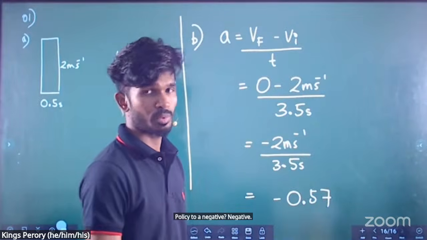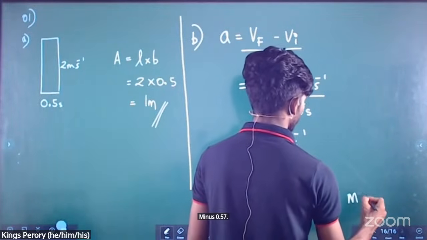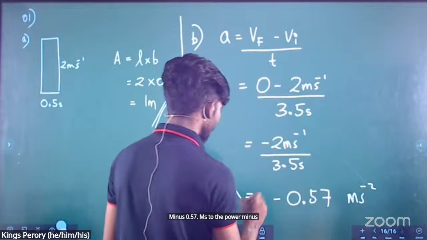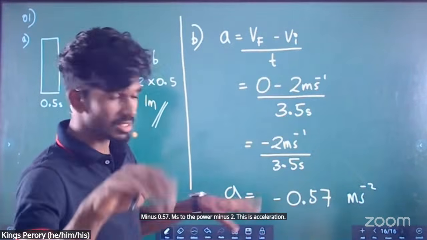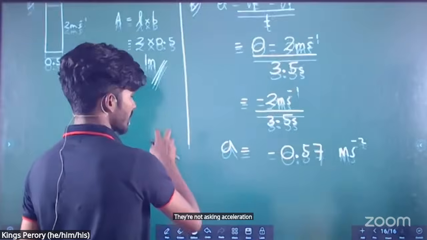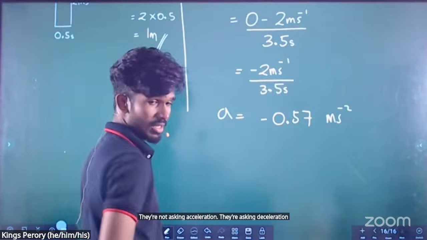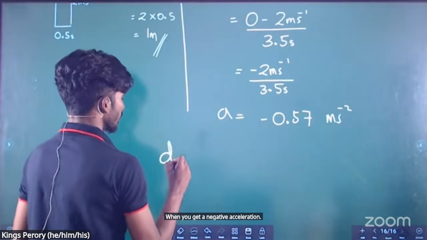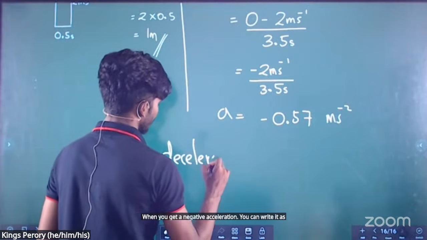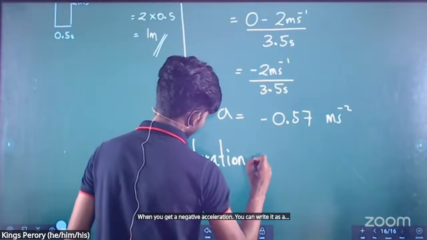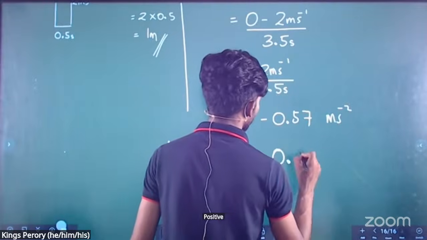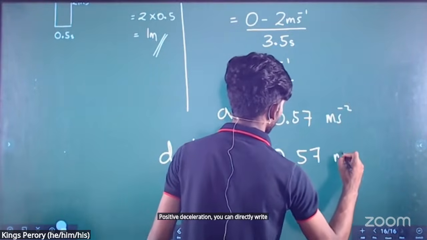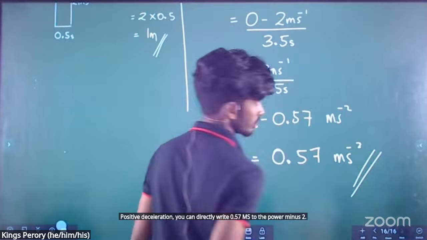Minus 0.57 m s to the power minus 2. This is acceleration. They are not asking acceleration, they are asking deceleration. Remember, when you get a negative acceleration, you can write it as a positive deceleration. You can directly write 0.57 m s to the power minus 2.